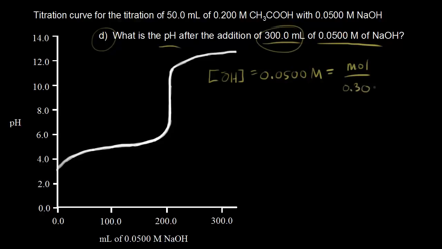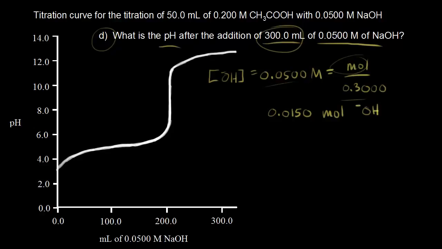Multiply 0.05 by 0.3 and you get moles. So 0.05 times 0.3 is equal to 0.015 moles of hydroxide ions.